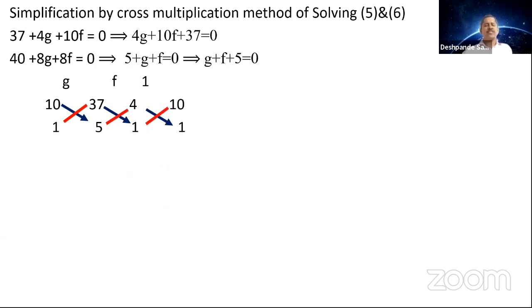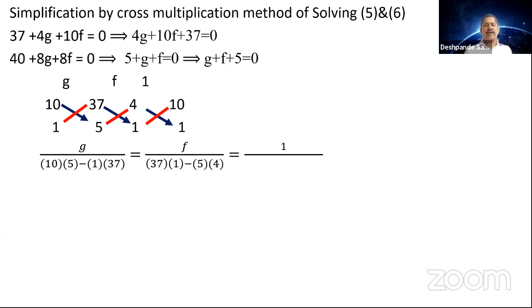So we just try to put the same thing here. The first term is g divided by 10 into 5 minus 1 into 37. Next, f divided by 37 into 1 minus 5 into 4. And finally, 1 divided by 4 into 1 minus 1 into 10.